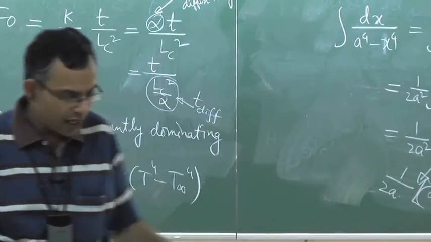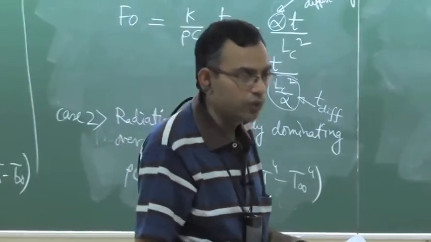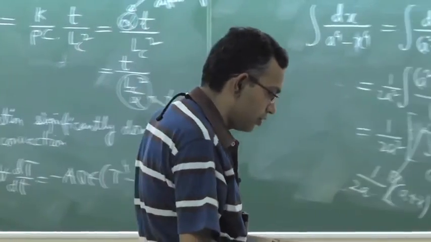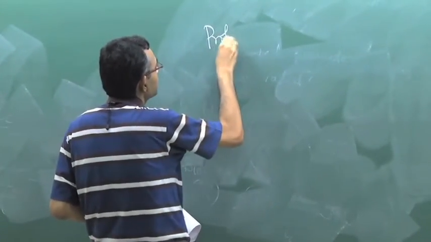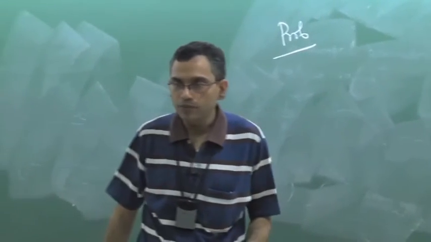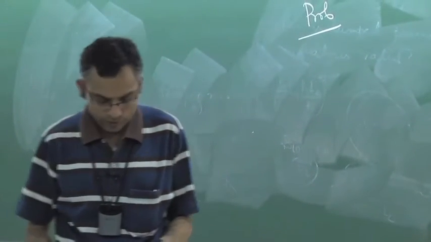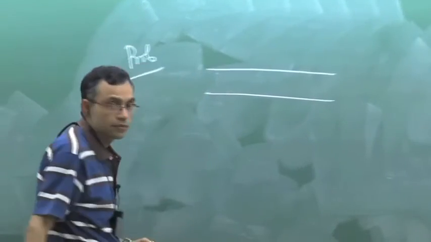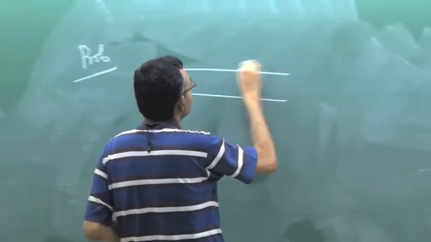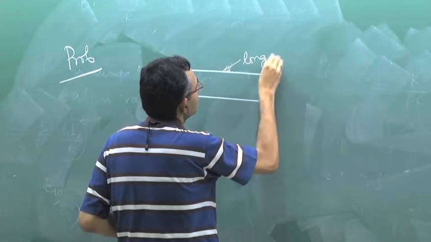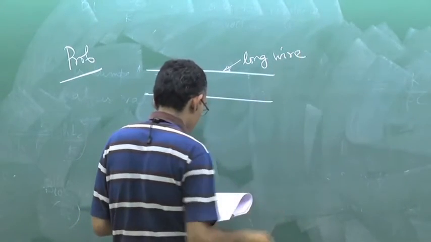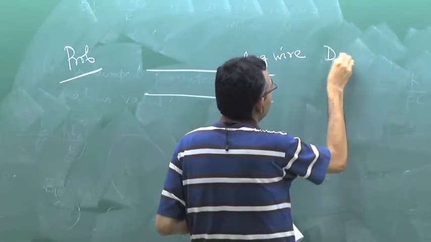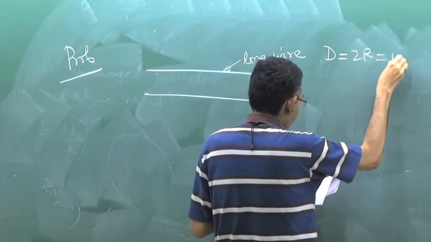Okay. So finally we will work out another problem and call it a day today. That is the last problem that we are solving today. So the problem statement is like this. This is also a problem from the exercise of Incropera's textbook. So you have a long wire of diameter equal to 1 millimeter.